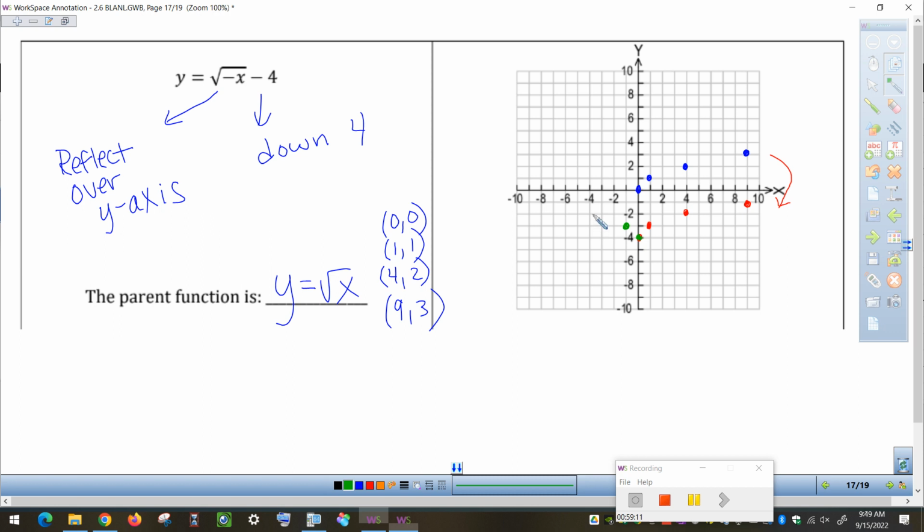That point that's at 4, -2 is going to flip over to become -4, -2. 9, -1 is going to turn into -9, -1. So the final answer here is just that one there in green. Reflect it over the y-axis and down 4.